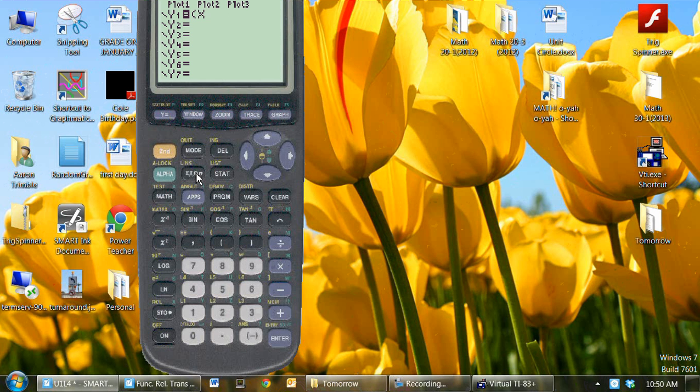So x squared plus x minus 6 divided by x minus 2. Everyone's got that, and then hit zoom 6.